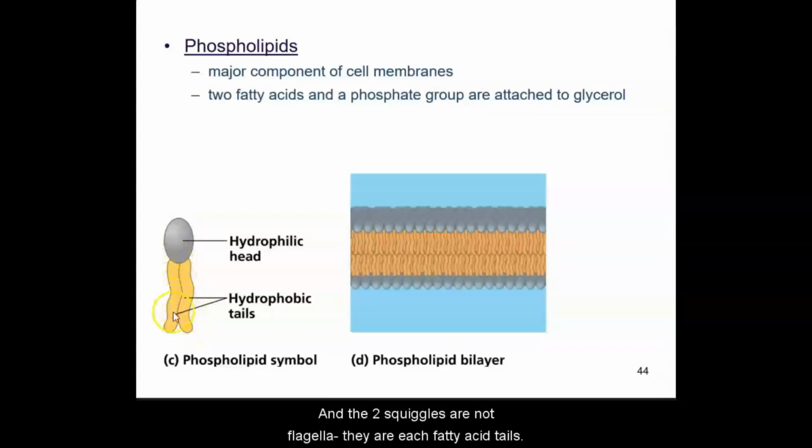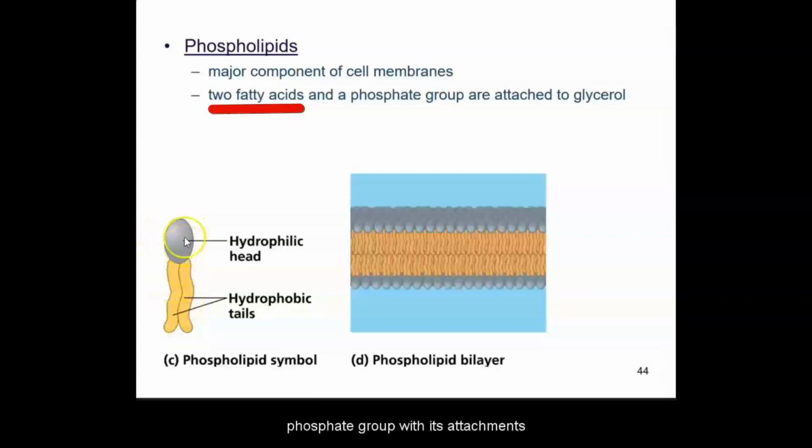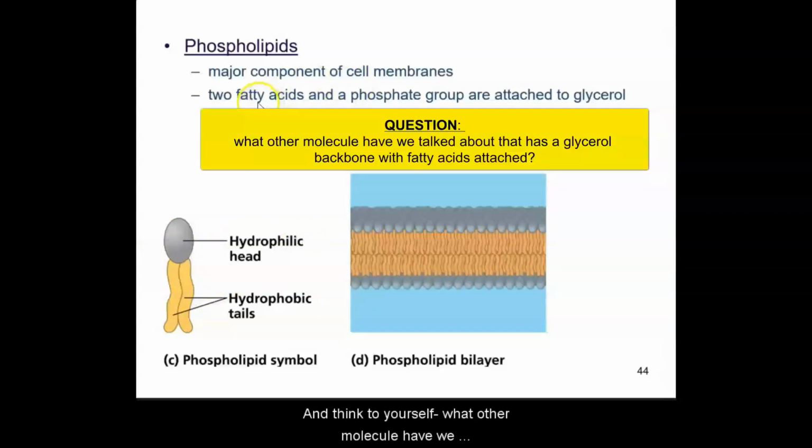They are each fatty acid tails. The two fatty acid tails and the phosphate group with its attachment are all held together by a 3-carbon backbone, which is called glycerol. And think to yourself, what other molecule have we talked about that has a glycerol backbone with fatty acids attached?